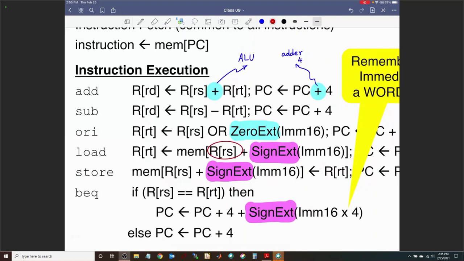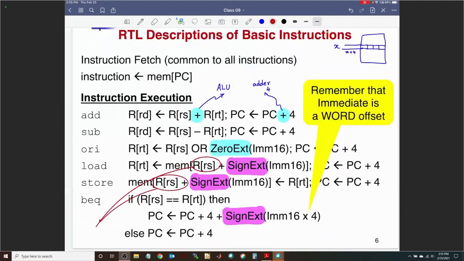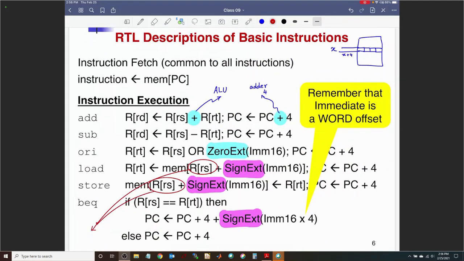This one and this one, those essentially contain the target base address, right? And then you add the signed constant to it.